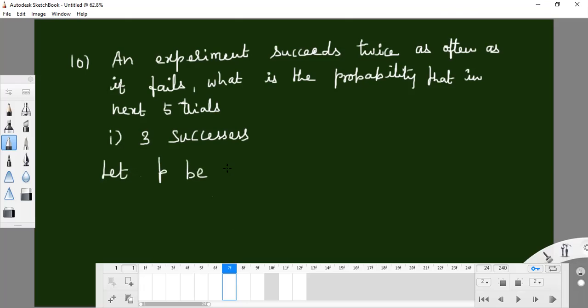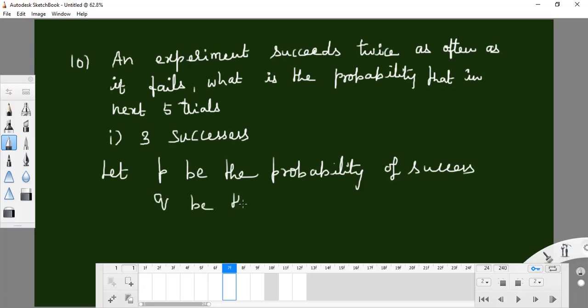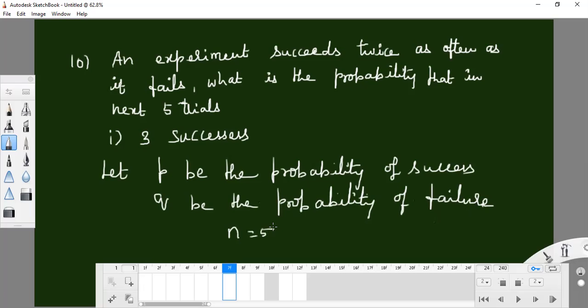Let P be the probability of success and Q be the probability of failure. Take a random 5 trials, so n equals 5.